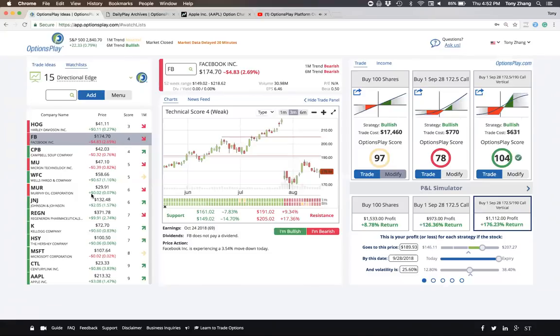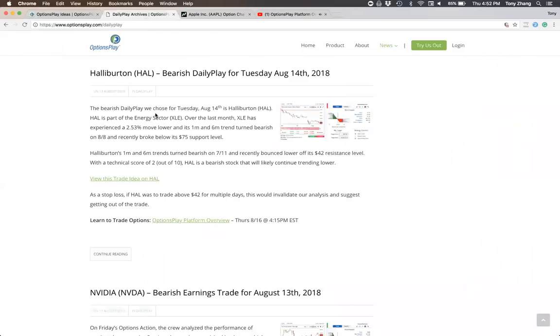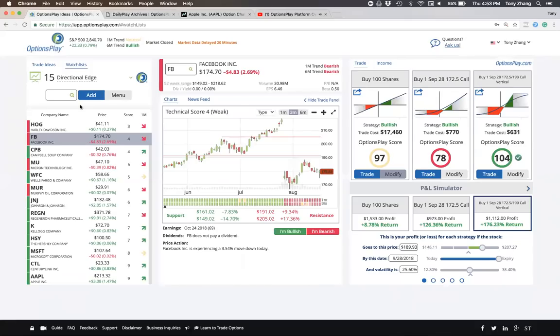And that's actually a good segue. A lot of people ask us about our daily plays. Sometimes by the time you're ready to execute the trade, the market has moved, or maybe you disagree with our daily play. Maybe you have a completely opposite view on the trade. That's one of the powers of our platform: not only do we provide you with ideas, but we also provide you with a platform to come up with your own strategies if the market has moved, or if you disagree with our strategy.